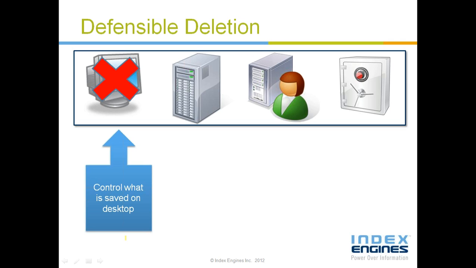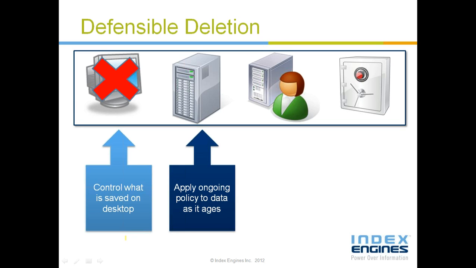So really controlling what's saved on the desktop, and we've seen the extreme of our customers doing desktops without hard drives, very thin clients that are storing their data at a remote central server that's much easier to manage. We also see clients eliminating the ability to create and store PSTs on desktops. So, eliminate the problem there by controlling what users can and cannot do on their desktop.